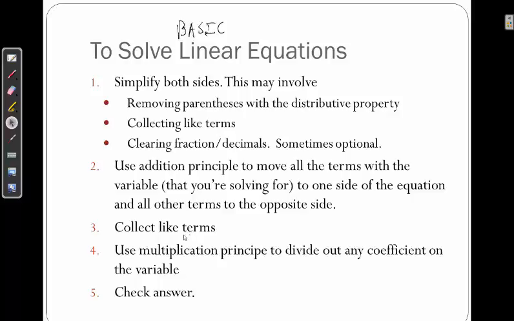And then you might have to collect like terms again. Then lastly, if x is your variable, you might have some number in front of your variable, like 3x or 7x or whatever. At that point you want to use the multiplication principle to divide that out. And then finally we'll check at the end.